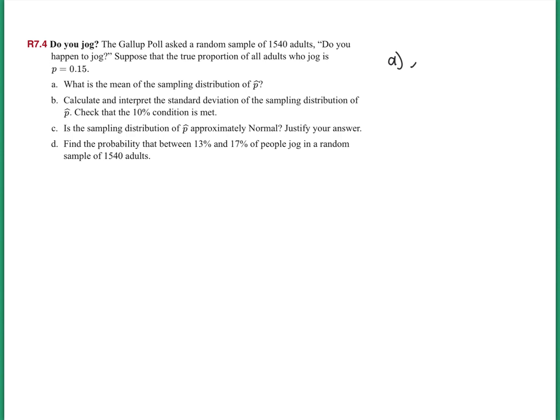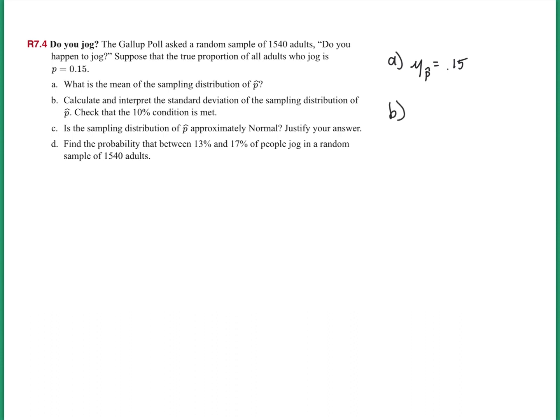The mean of the sampling distribution of p hat is going to be the same as the true proportion of the population, which they say to assume is 0.15, or suppose.